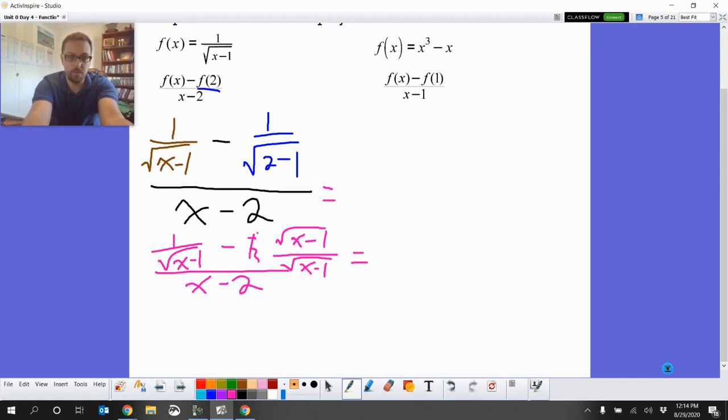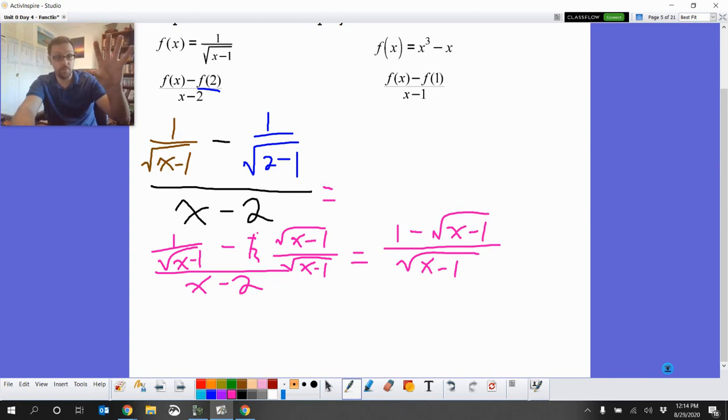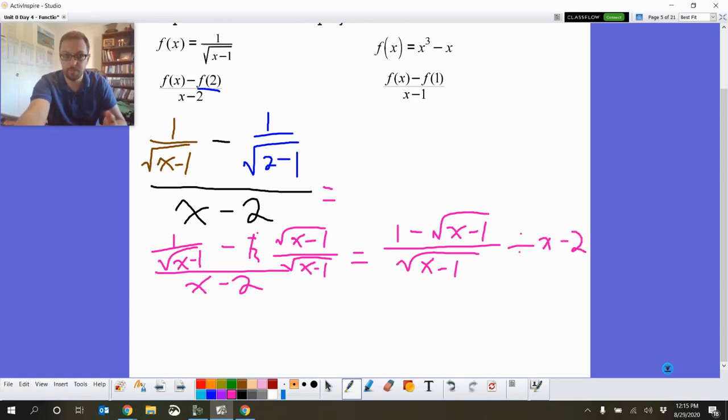So when we put those two things together, their numerators, we get 1 minus the square root of x minus 1, over the square root of x minus 1. And now, since that's all my numerator, my denominator, that's really a divide by x minus 2, right?